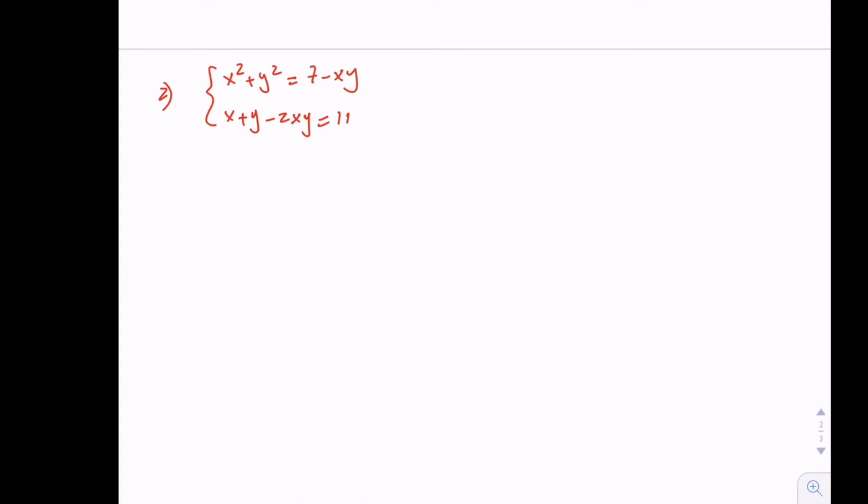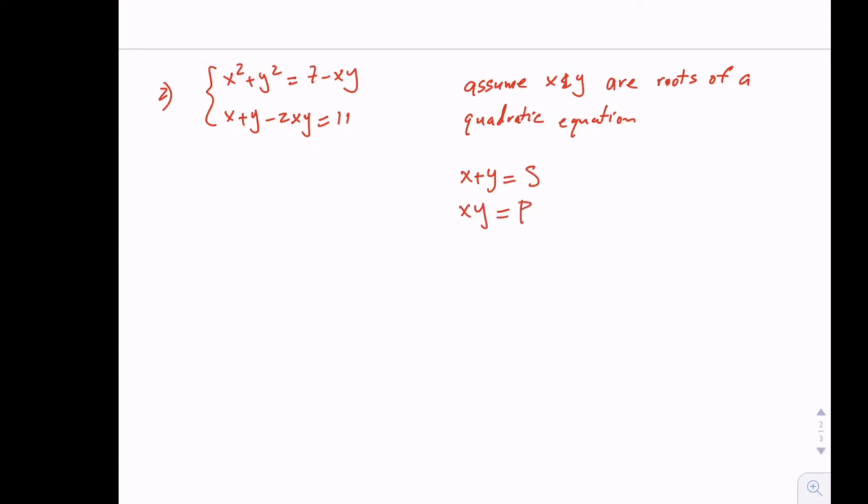Let's assume that x and y are roots of a quadratic equation, and therefore x plus y is s, sum of the roots, and xy is p.